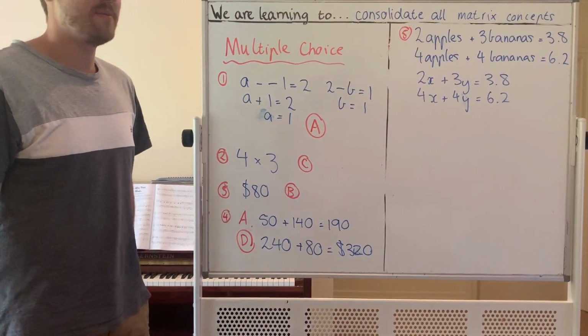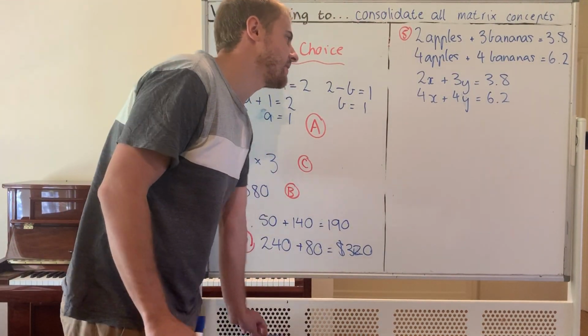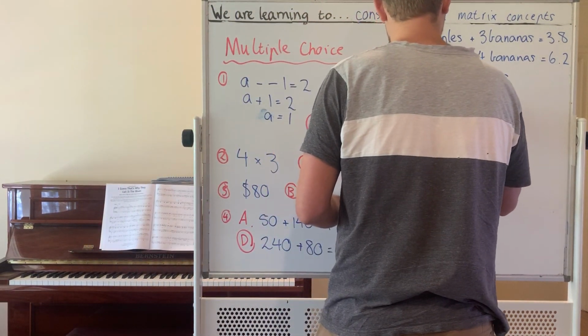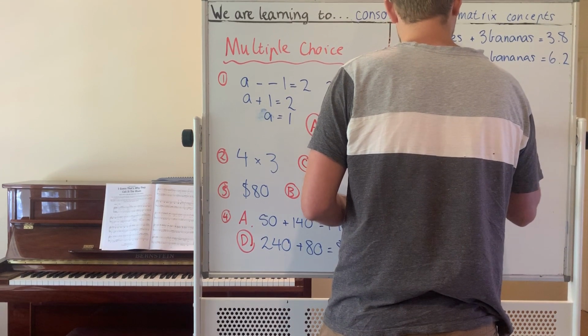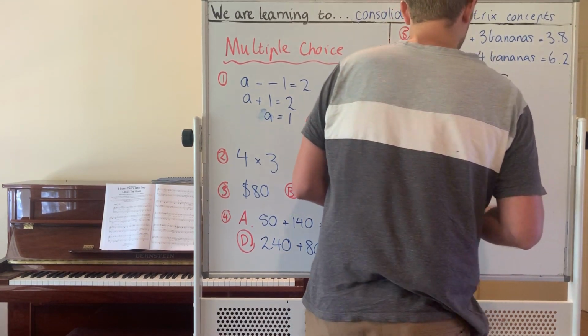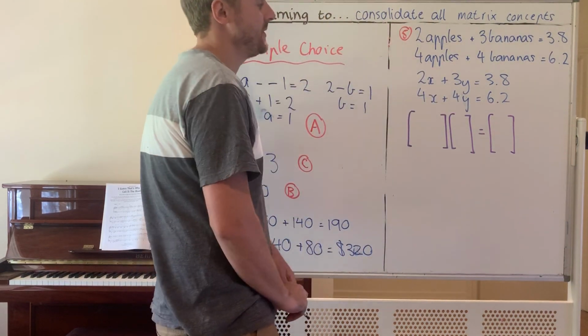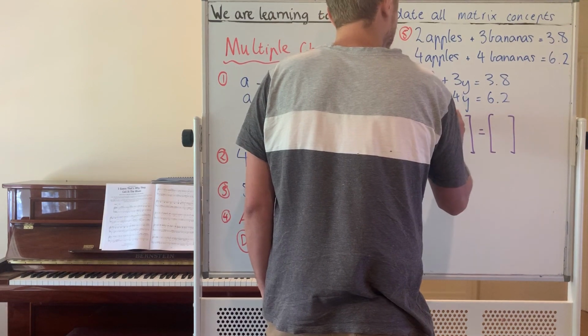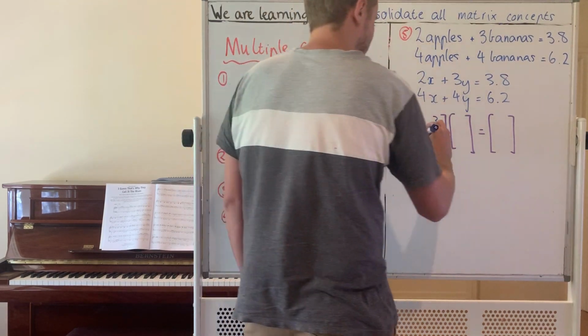Alright, so now we're just going to take that information and put it into a matrix form. Hopefully you remember how to do this. Take the coefficients from the first equation, 2 and 3. Take them from the next one, 4 and 4.